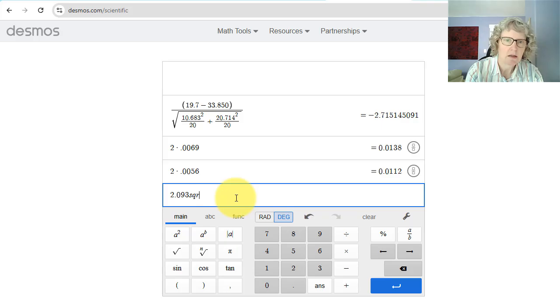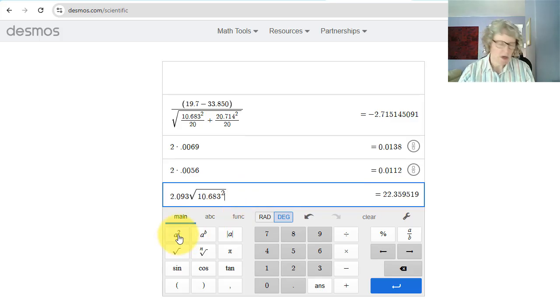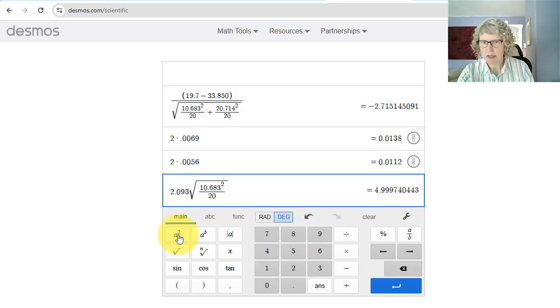2.093 times the square root of 10.683 squared divided by 20, and then I got an arrow over plus 20.714 squared divided by 20.